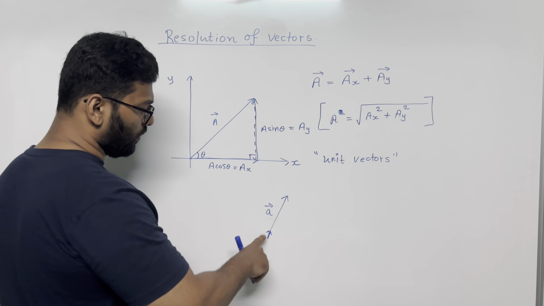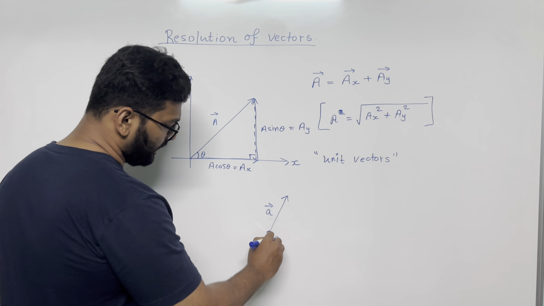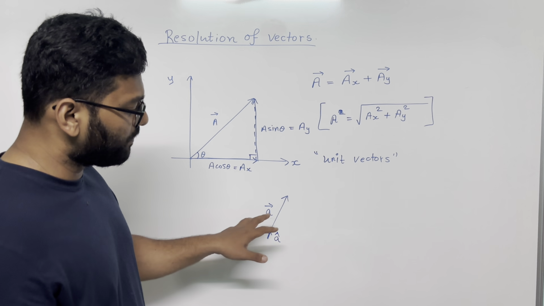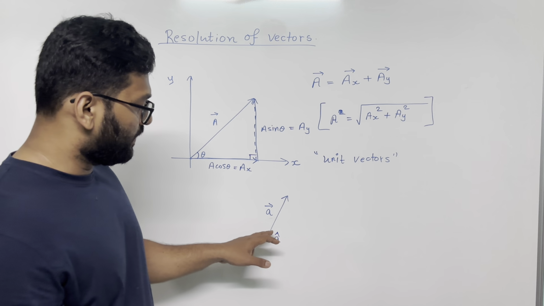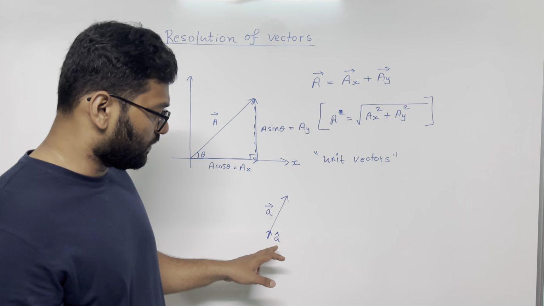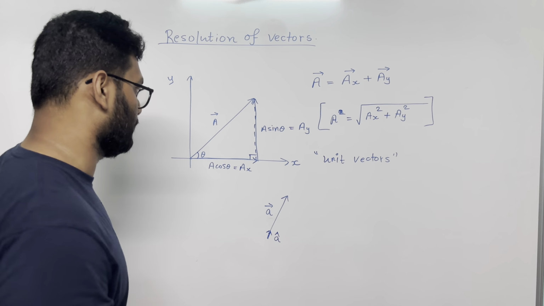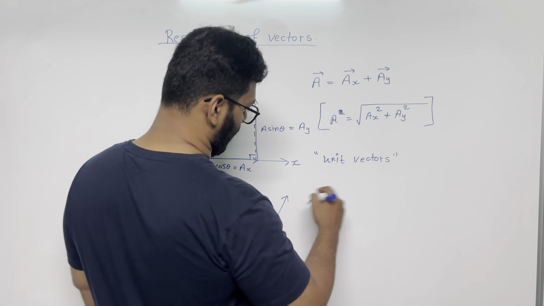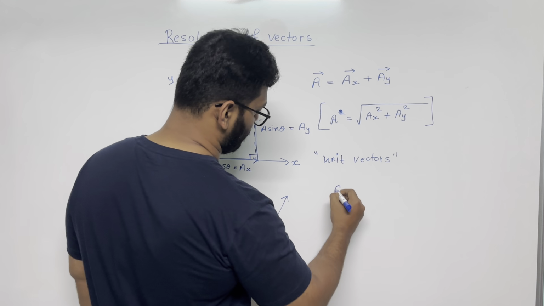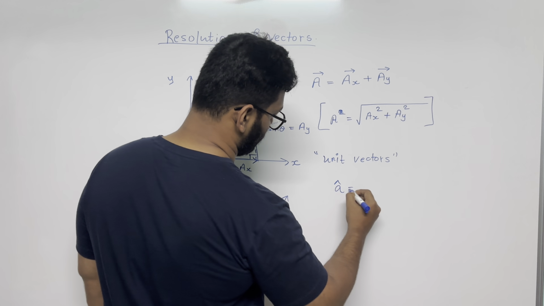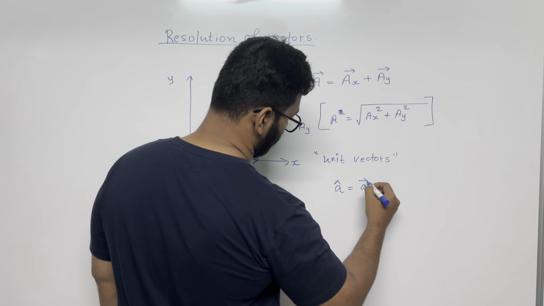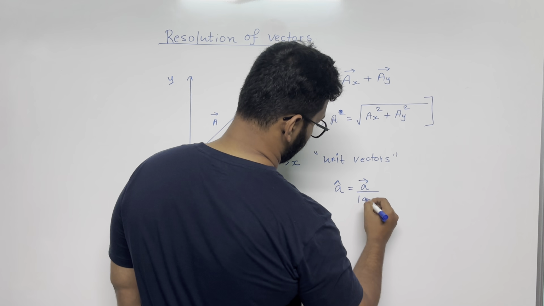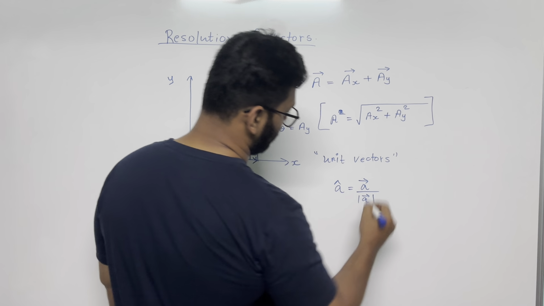So the unit vector along the direction of a bar will be written as a cap. Here the cap indicates that its magnitude is 1 and it is a vector. It's still a vector but the magnitude is 1. Okay. So how will I find the unit vector? The definition of unit vector along any vector a bar is a cap is equal to a bar divided by the magnitude of that vector itself.